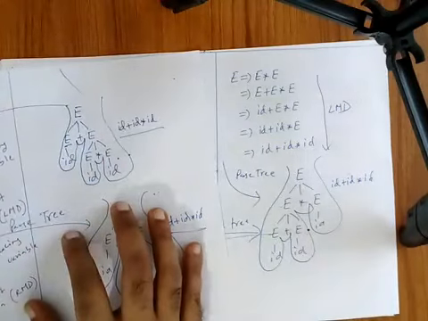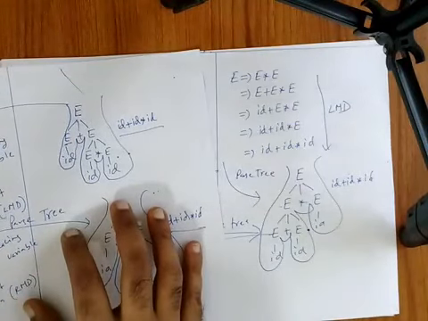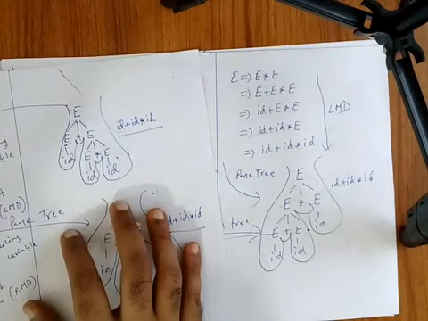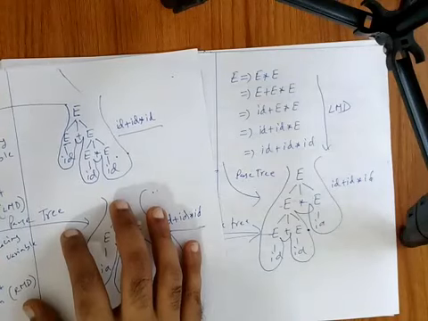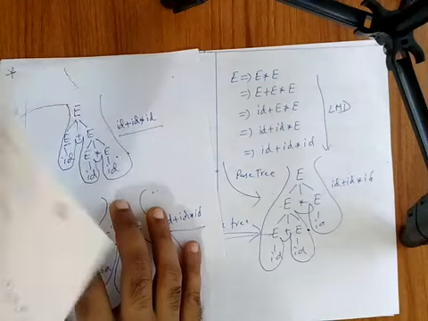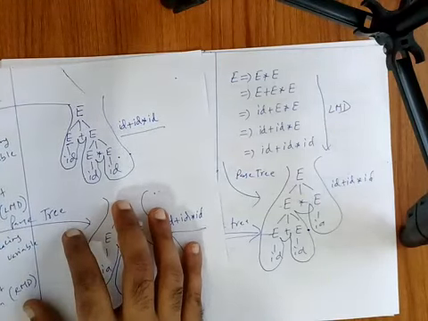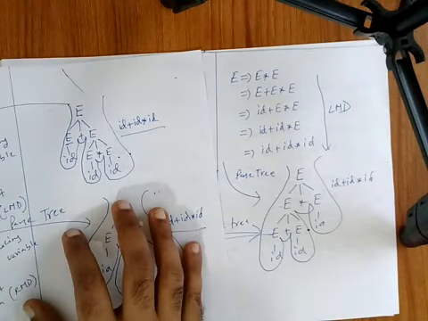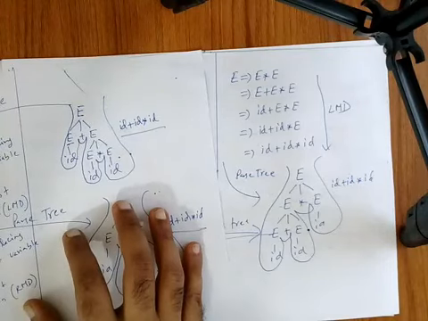But don't create a single parse tree, then say, sir, I have an LMD and RMD, that's why the grammar is ambiguous. That is not correct. Did you get it? You have to hit the parse tree, not the LMD and RMD. Okay, guys?